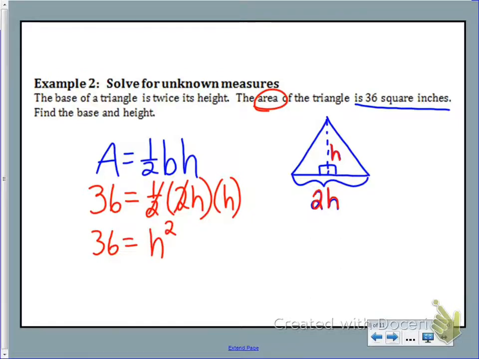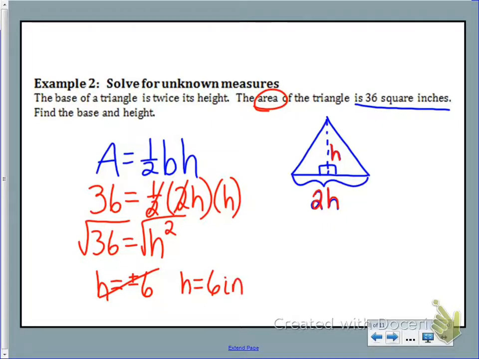So now we need to consider how we would solve this equation for H. Well, think back to Pythagorean theorem. If we need to undo a square, we use the opposite, which is to square root. Keep in mind that when you solve this, it could be plus or minus 6. When you take the square root of a variable, it could be plus or minus 6. But because this is a height, really we know the height to be a positive length, not a negative, so this would be a length of 6 units, specifically inches.